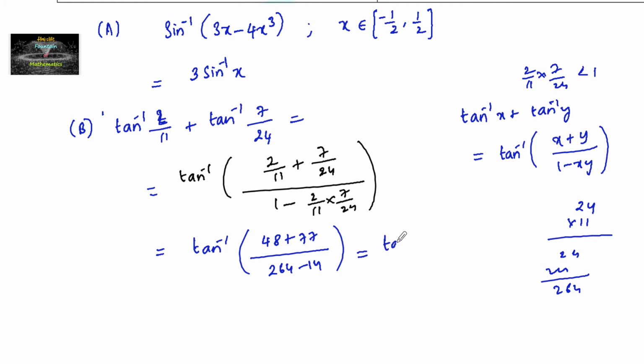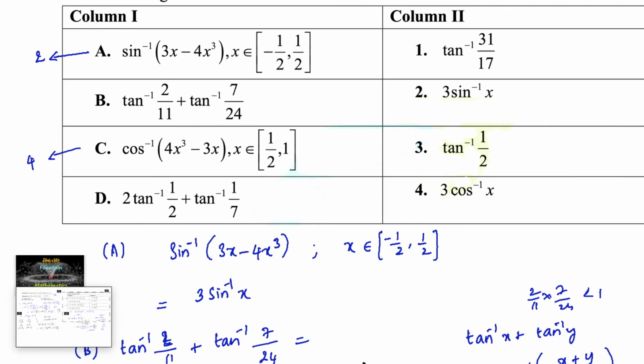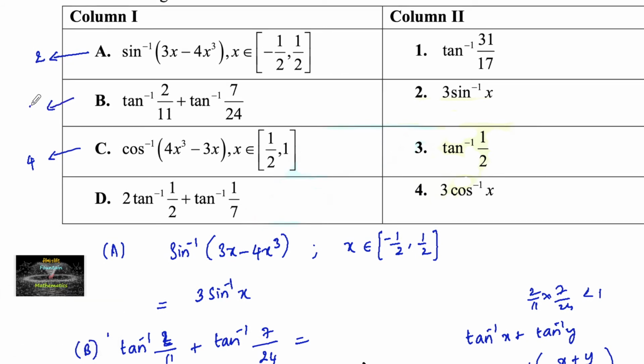So this equals tan inverse of 125 divided by 250. So this is equal to tan inverse of 1 by 2, which is the third option. So we can go with B1 is 3.